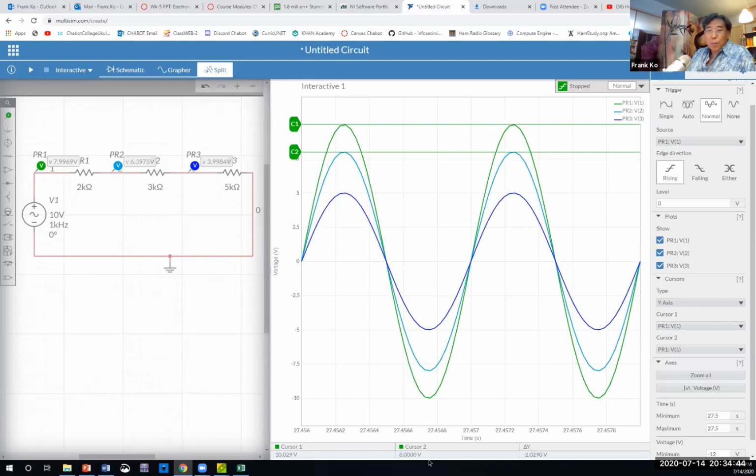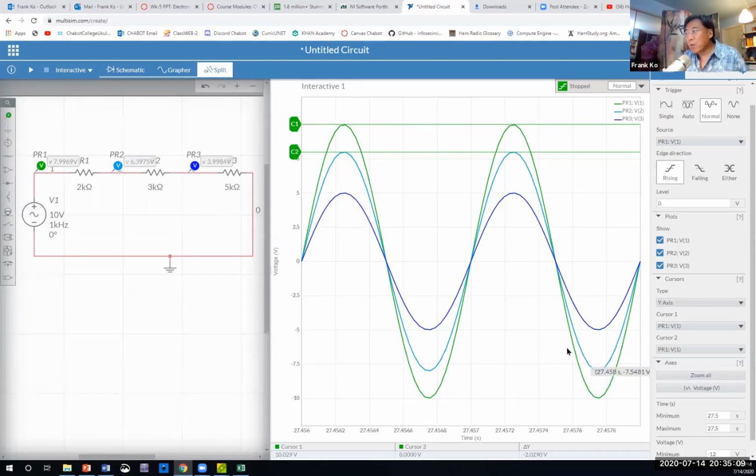Does the O-scope confirm our calculations with Ohm's law? It's pretty amazing. So we use the O-scope to confirm the peak values of the waveforms, and we use a digital multimeter to confirm the RMS values. Okay.